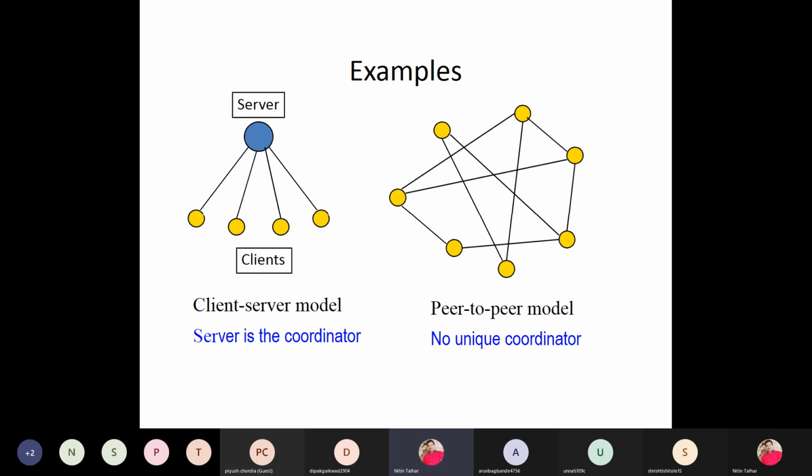They may have some dependency, but they may not have dependency also. But in the case of client-server, the clients completely depend on the server. So in a peer-to-peer network model, they may be individual. Last time we saw what a distributed system is. For example, a realistic scenario that we have seen, the example of a particular outlet.